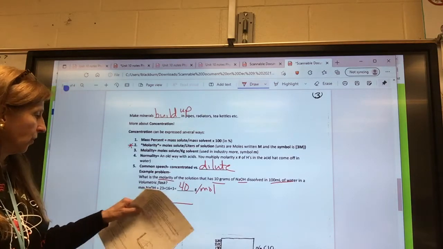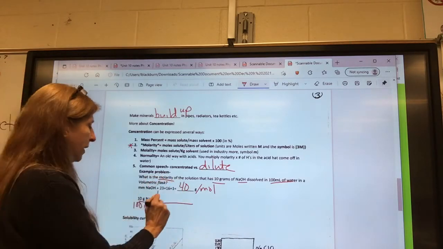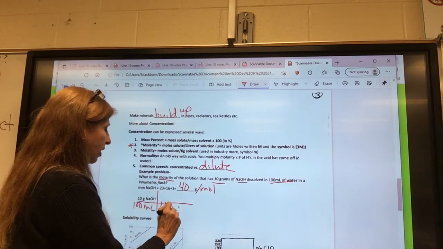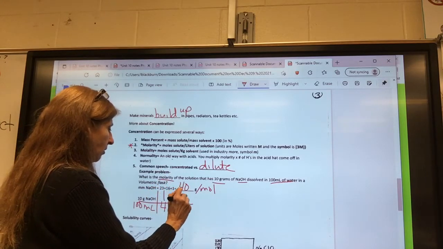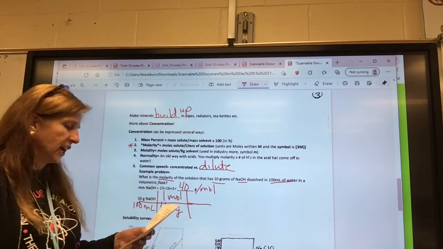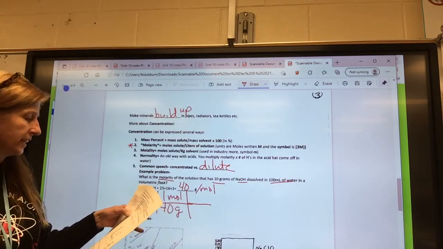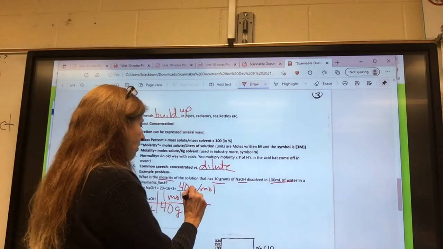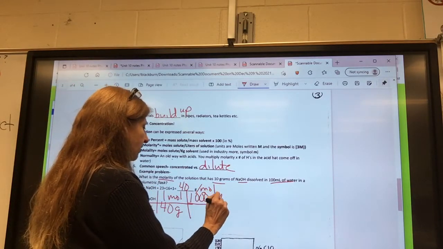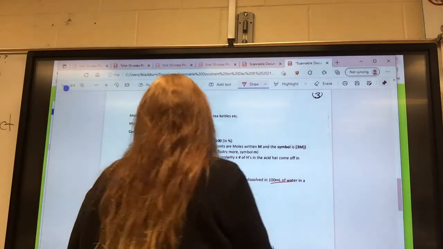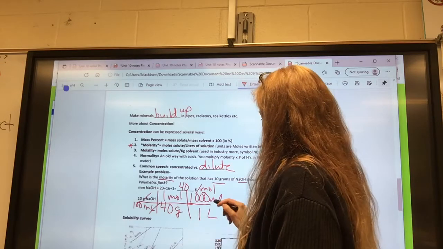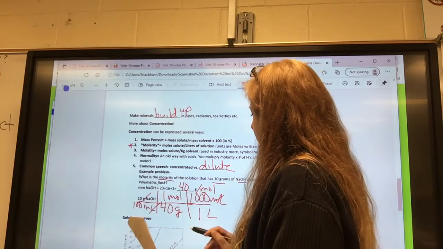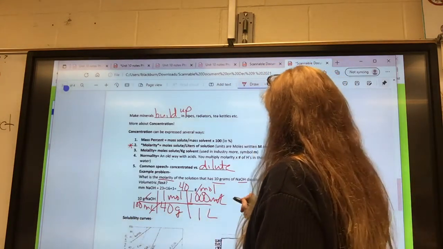We're going to convert the grams to moles by dividing by 40 grams, and 40 grams is 1 mole. And then we need to change those milliliters to liters, and 1,000 milliliters equals 1 liter. Grams cancel out. Milliliters cancel out, and I'm left with moles over liters, which is what I want.